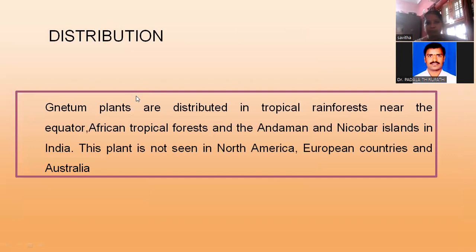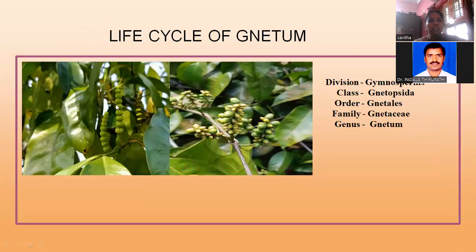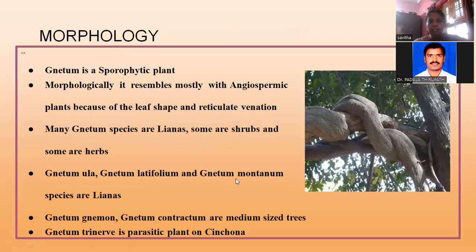So here, this is the male plant of Gnetum, and this is the female plant of Gnetum. When you come to the lianas, these are the woody climbers. Here in the diagram, you can see the woody climber, which is twining around the other host with the woody stem.